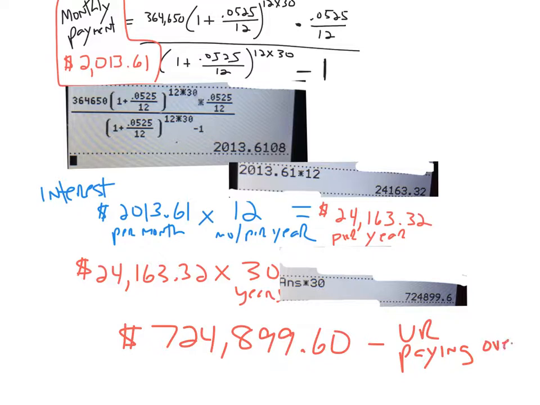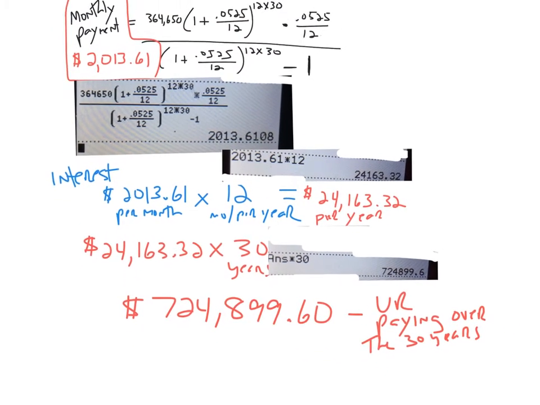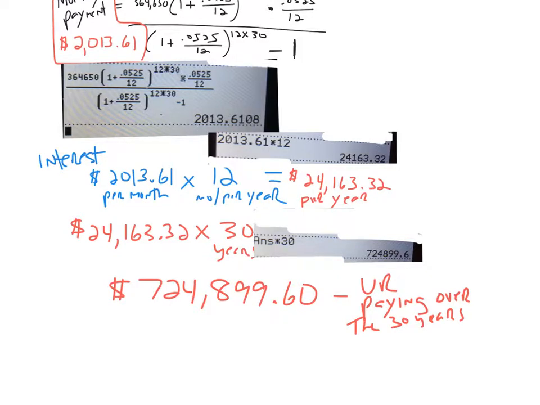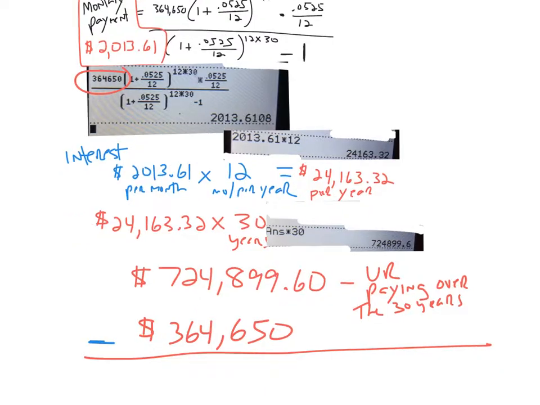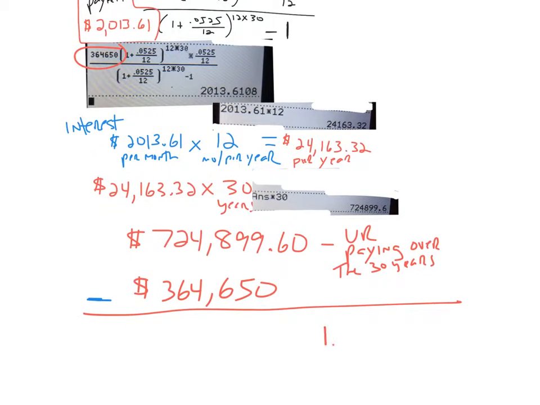Now, to calculate how much interest you're paying, you're going to take that value and subtract how much you're mortgaging. You're going to subtract the $364,650. So that difference is going to be the interest that you pay over the 30 years.